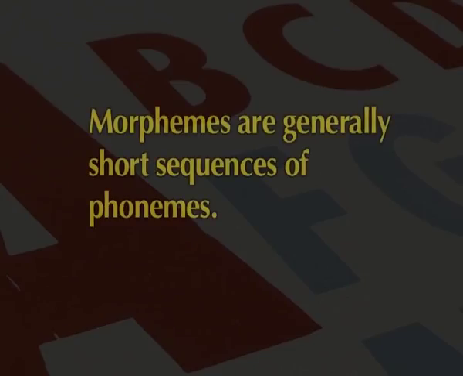Like the phonemes, the morphemes too enter into combinations in accordance with definite patterns. Morphemes are generally short sequences of phonemes. These sequences are recurrent, but not all sequences are morphemes. Certain constructions composed of morphemes have a rigidly fixed order. For example, reconvene is a familiar English word.